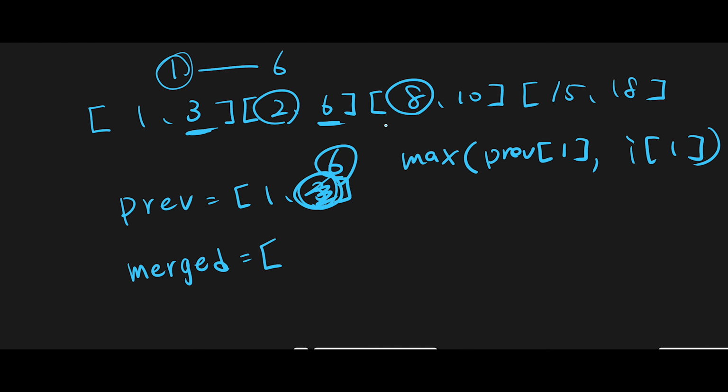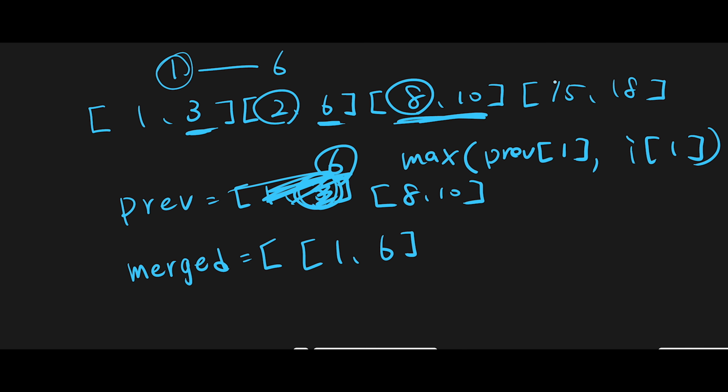In this case, 1, 6 is one of the intervals after merging, so we just put 1, 6 into merged. The new previous interval should be 8, 10, because these two intervals are not overlapping, so we update the prev variable with 8, 10.